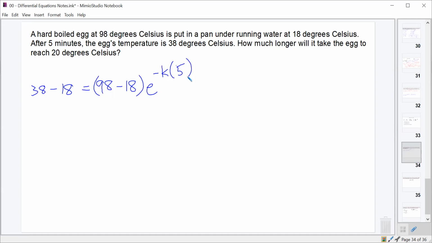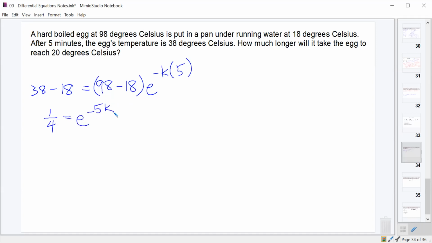So 38 minus 18 is 20, and 98 minus 18 is 80. And when I do the 20 on the left divided by the 80, 20 over 80 is going to be 1/4. We've got 1/4 equals e to the negative 5k.